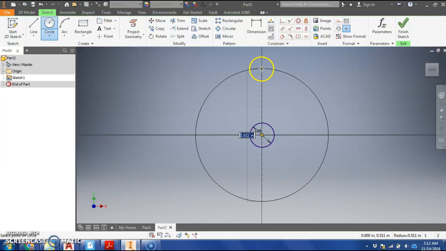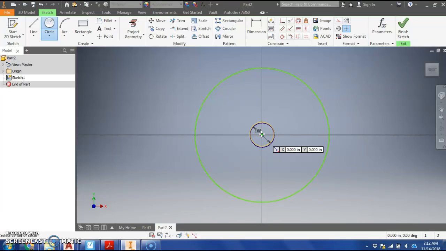Next, I'm going to make a circle sharing the same center point. And then I'm going to make another circle. Now, in this case, I know that the distance between the center point of my top circle and my origin is actually going to be equal to the radius of my large circle.